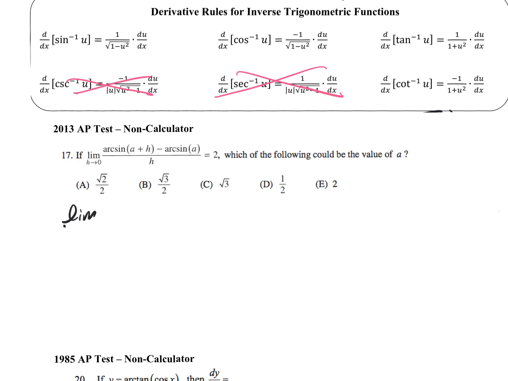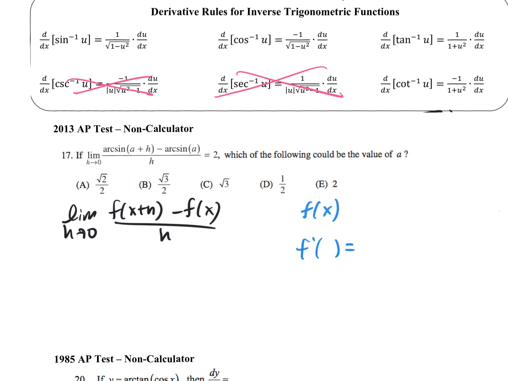It's the limit as h approaches 0 of f of x plus h minus f of x all over h. Whew. So do you agree they're looking for the x coordinate that we're taking this derivative of? Can anyone tell me what my function is? What they're asking for is what's the function, what's the derivative of that function, and what's the derivative at a certain point.